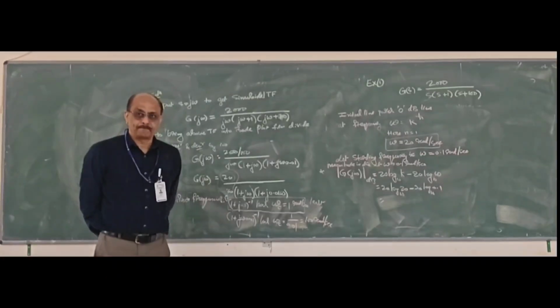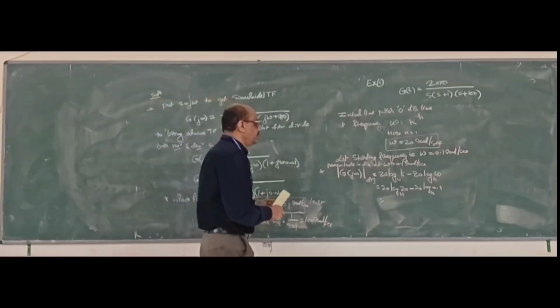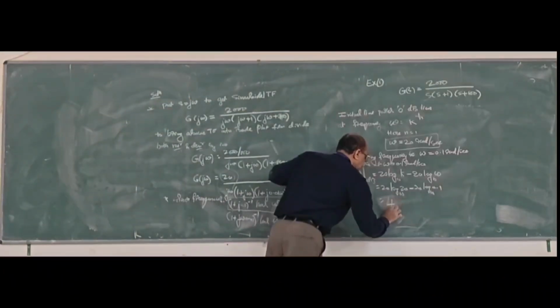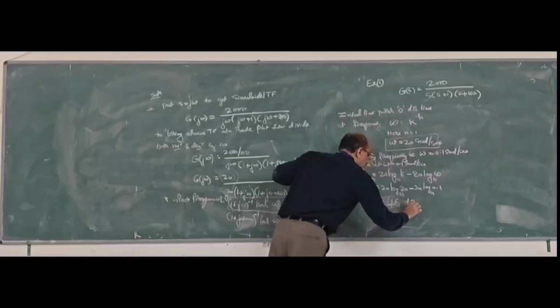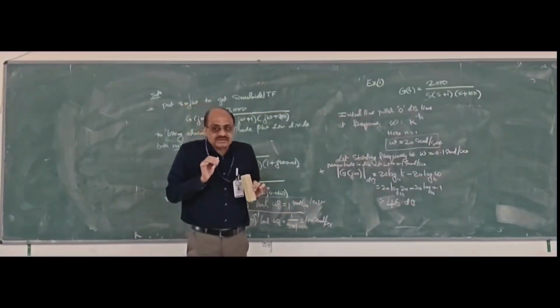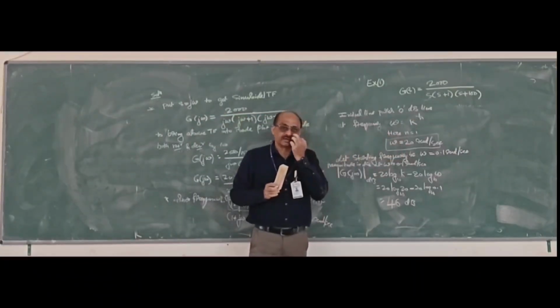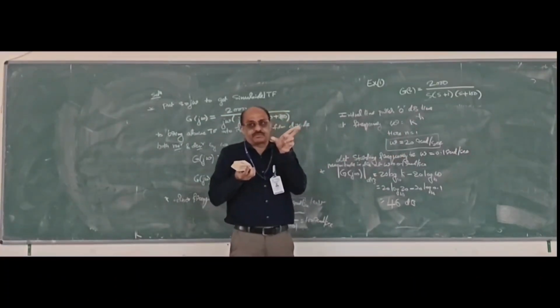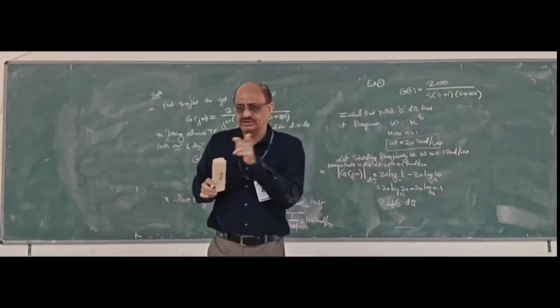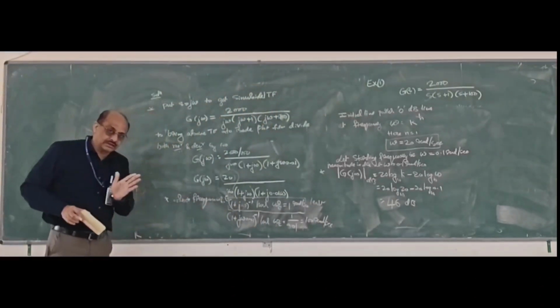What is that value? 46 dB. So it is 46 dB at 0.1, and it passes through the 0 dB line at 20 radians per second. We got two points with respect to the initial line, so it is easy to sketch. Anyway, we then need to go for the remaining things.